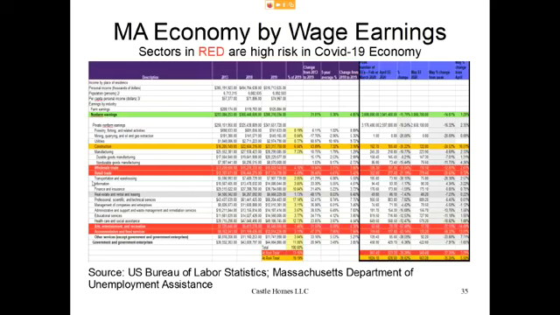Okay, so we start talking about the Massachusetts economy, and we want to really take a hard look at what happened with COVID. So what I did is I pulled the income. This is income by thousands of dollars. We want to look at non-farm earnings, 2013, 2018, 2019.